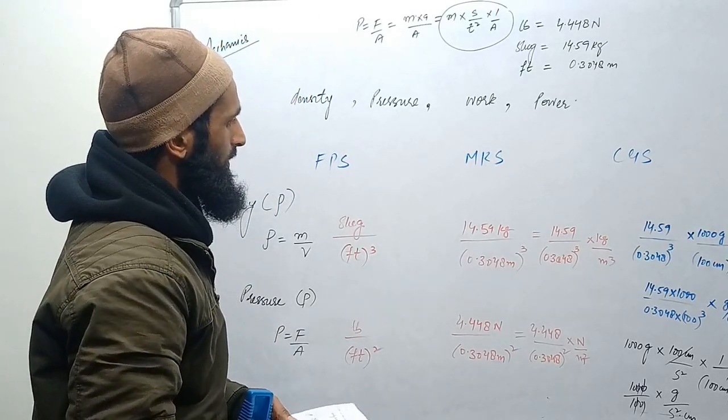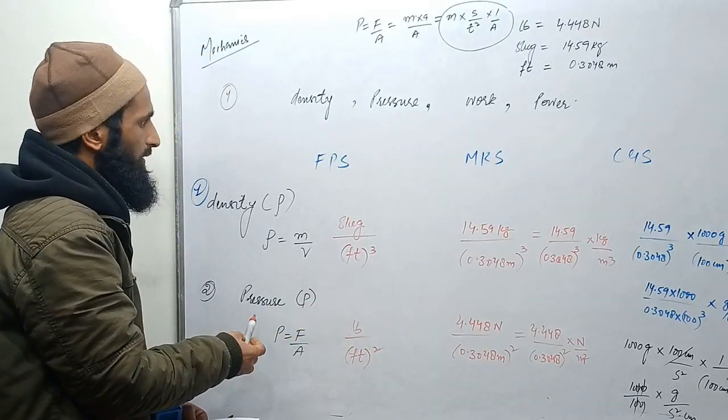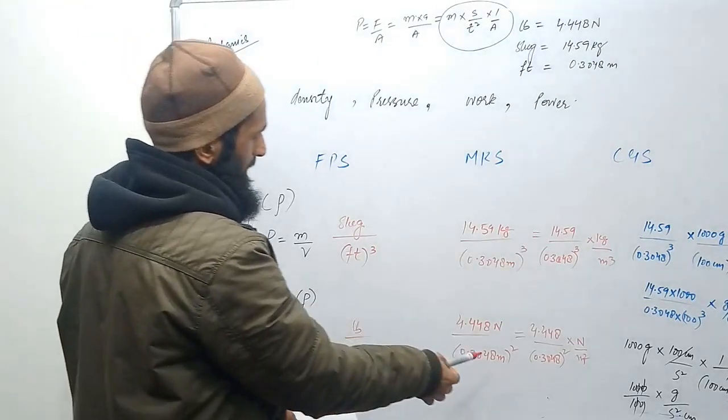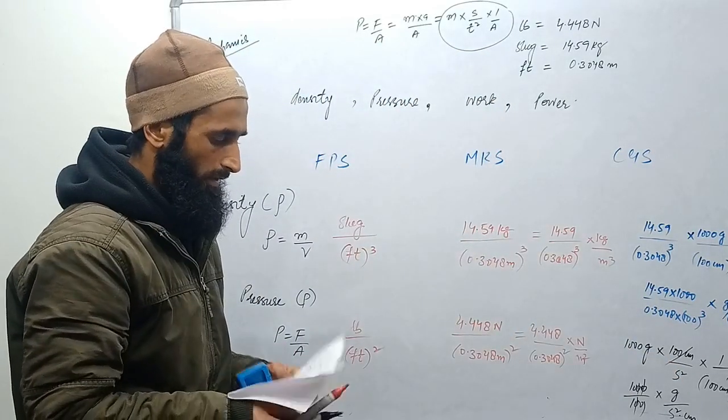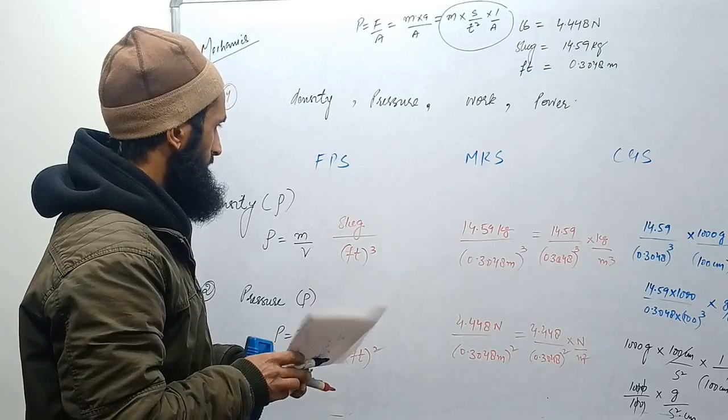Okay, so this was the conversion of pressure from FPS to MKS and further to CGS. Now we have one more quantity, that is work.